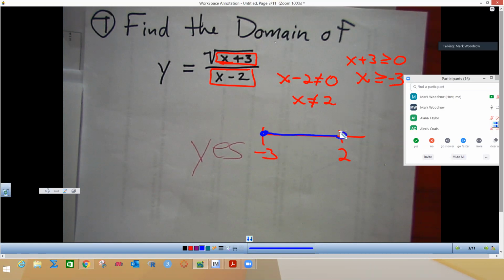And then this does not work because you can't put 2 in the bottom. That gives you 0 in the bottom. And then anything else going that way works. So this domain is going to be -3 with a bracket because -3 works, going to 2 with a parenthesis, and then a union. You jump over the 2, and then you go to infinity.